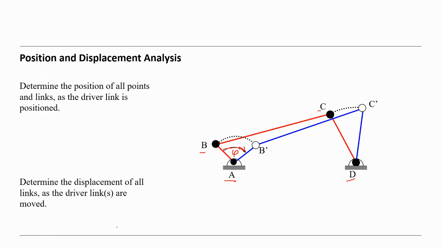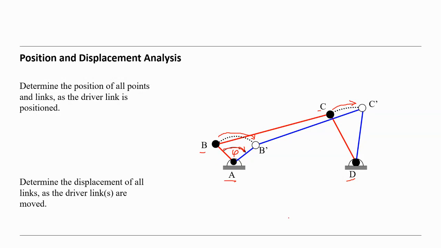So therefore, there is no motion regarding A and D, but B and C are moving. So we assume that B moves to the position B prime, and C moves to the position C prime, like you see here.